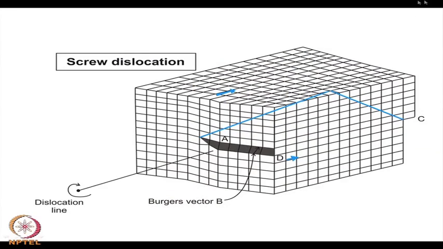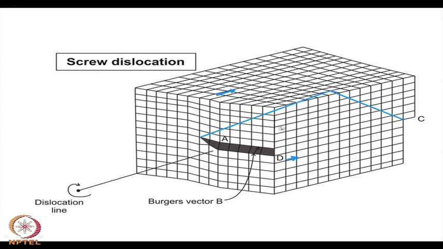Here you can see we are applying stress in this direction, and the boundary is also along the same direction, because the unslipped portion is in the back and the front portion is the slipped portion. So, this black part here is the formation of a step, and a corresponding step has already formed here.